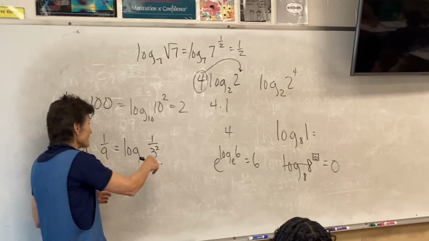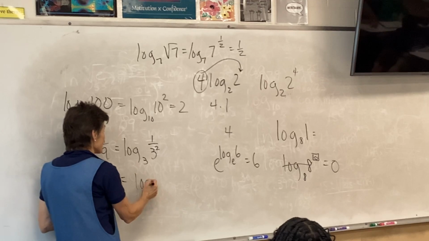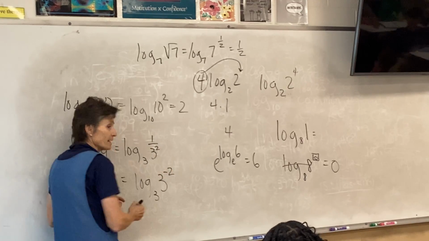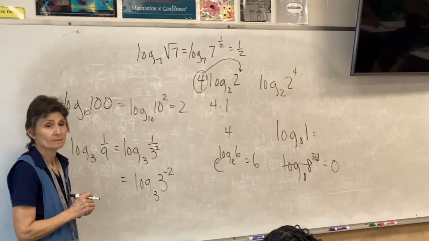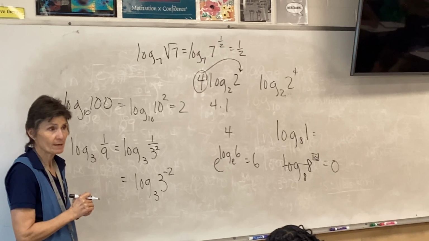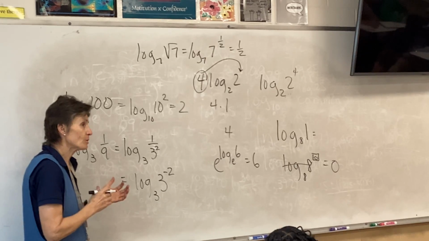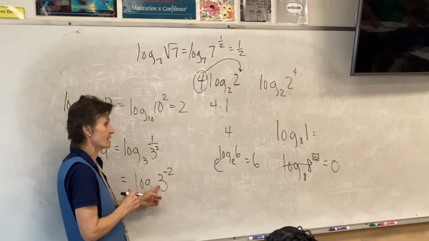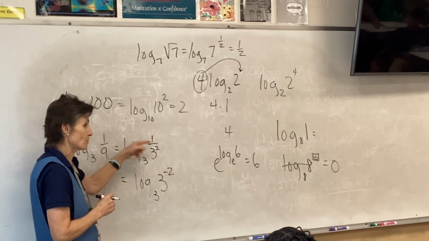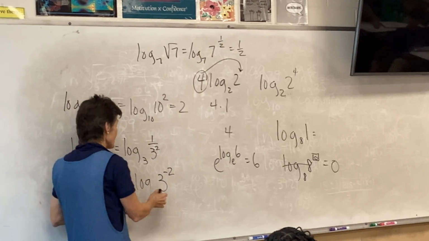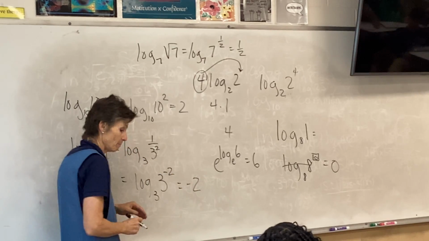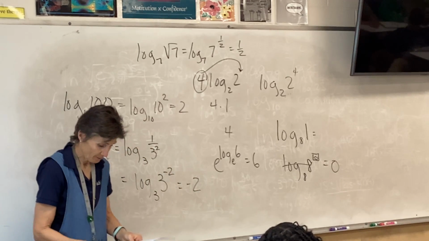Negative. So isn't another way of writing this 3 to the -2nd? Would you agree? It's kind of backwards because we're used to changing this into 1/9, but now we're going the other way. We're giving it an exponent. So the answer to the problem is -2.